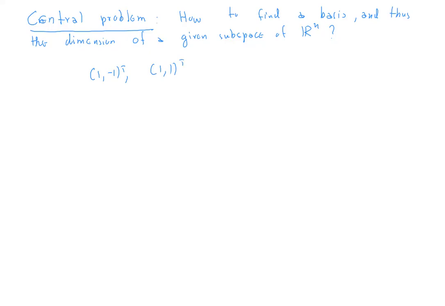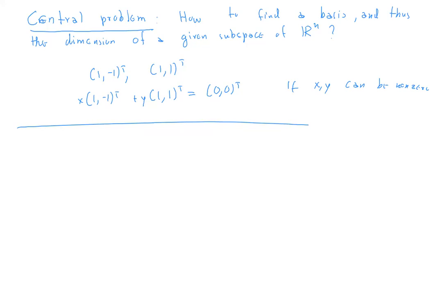Basically, what you have to do is take a linear combination of them, set it equal to the 0 vector, and try to see if x, y can be non-zero. If this equation is satisfied by non-zero x and y, then they're linearly dependent. If the only x, y that satisfy these equations are 0, then they have to be linearly independent.